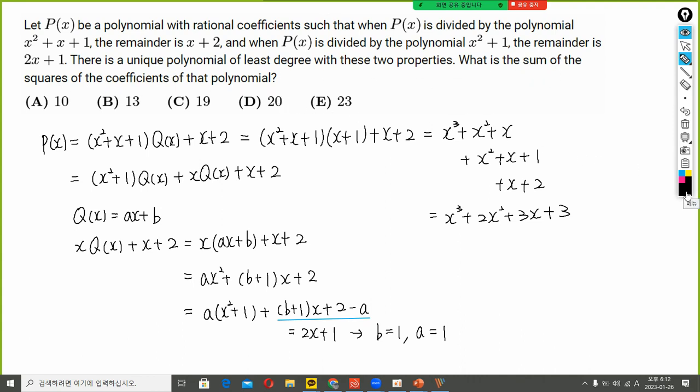That means the first coefficient is 1, the second coefficient is 2, yep, can you make this sum?